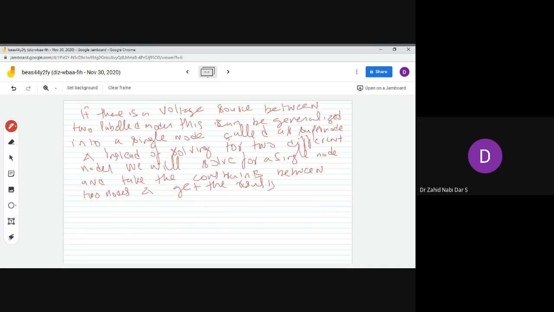Suppose there is a voltage source, suppose it's 4 volts, between two labeled nodes A and B.